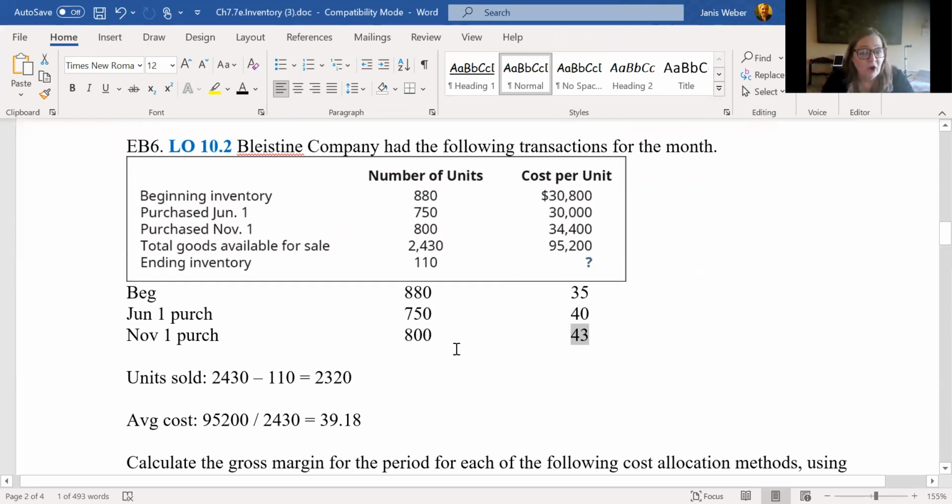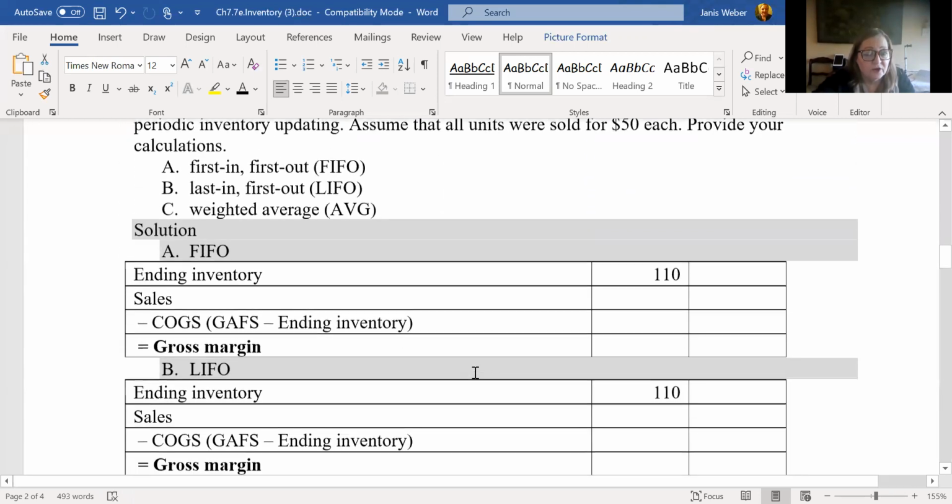So the last ones you bought was 800 units, which covers all of the ones that are left. So all of this 110 units were bought in this last purchase. So if you sold them first in, first out, you would have sold all of the beginning inventory of 880 units, all of the 750 units, and you would have sold 690 of these November 1st units, and you'd be left with just 110 of the $43 units.